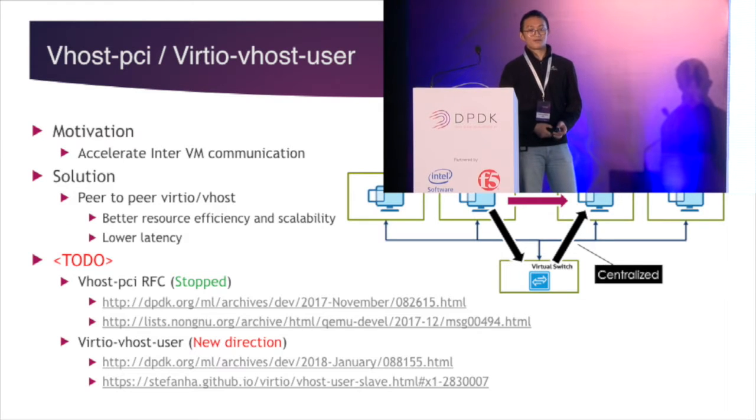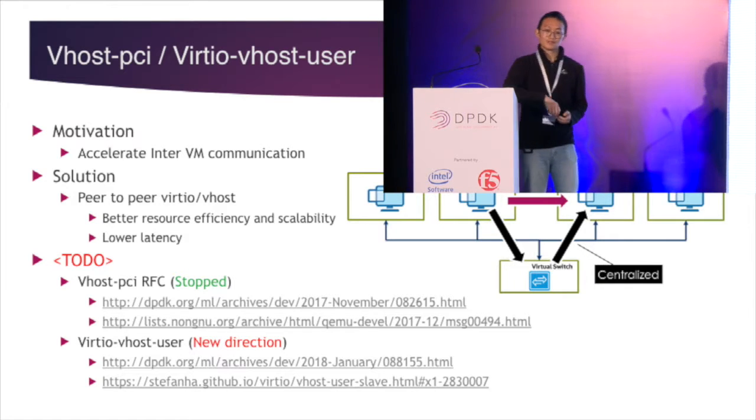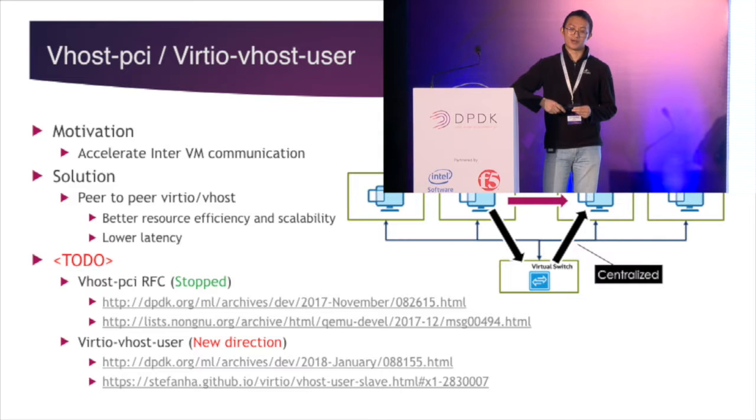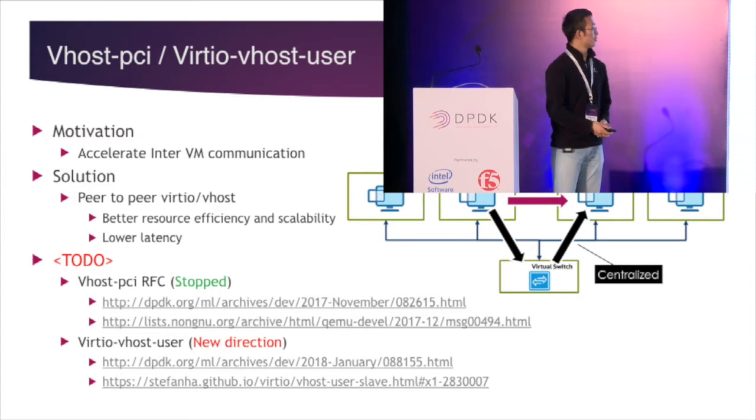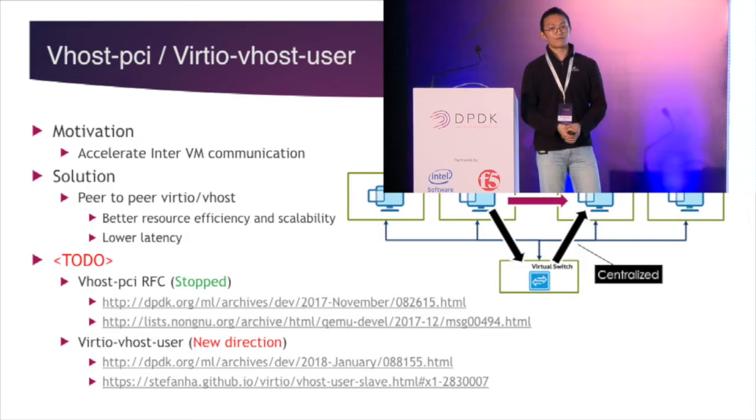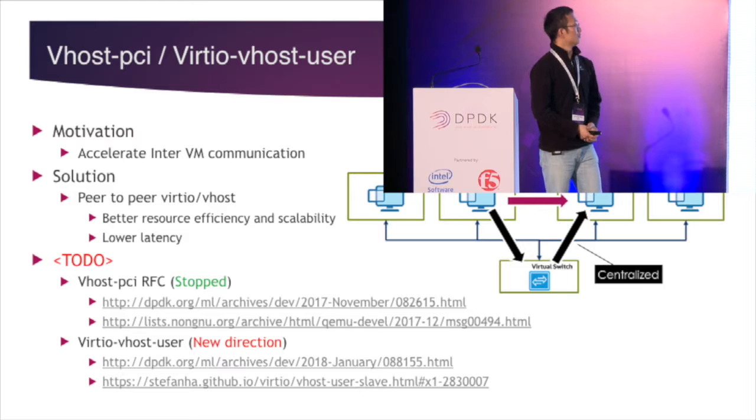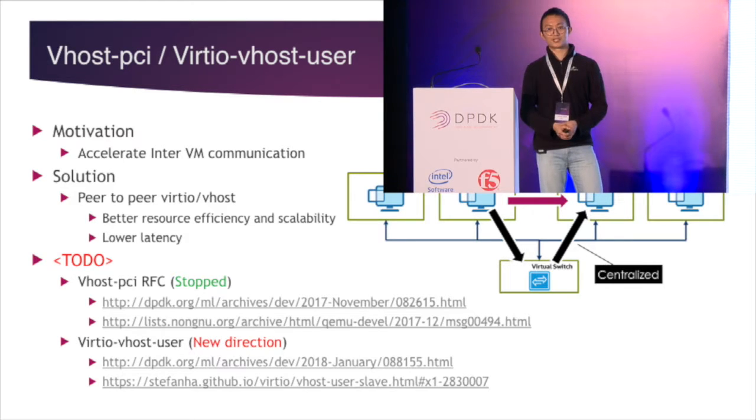Right, then we will talk about Vhost PCI and virtual Vhost user. The reason for Vhost PCI is to accelerate inter-VM communication. In the virtual switch use case right now, for east-west traffic, if a VM wants to send a packet to another VM, it has to go through the virtual switch.